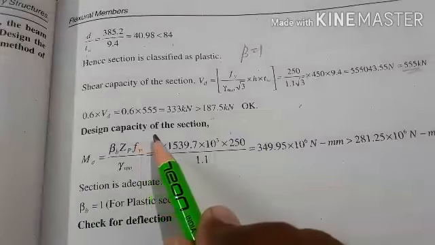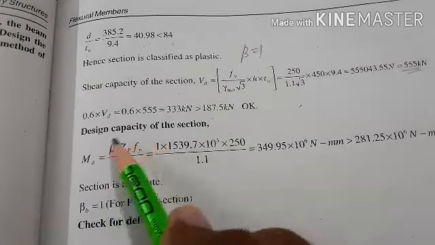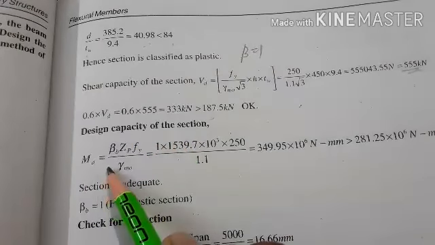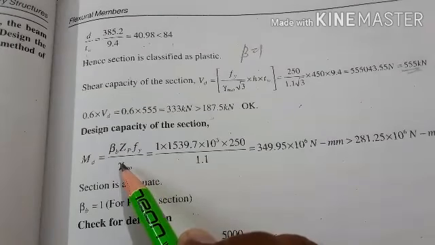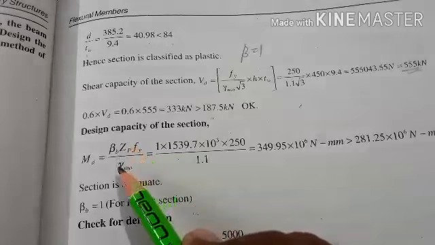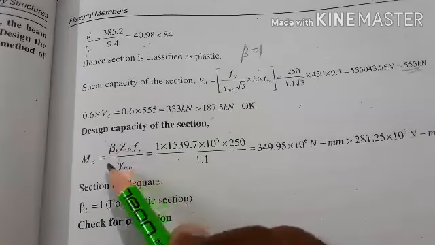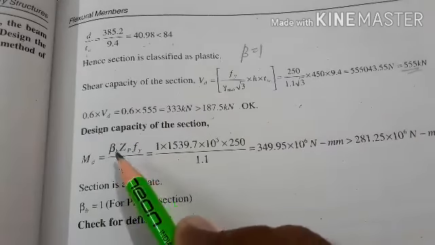Next is the design capacity of the section in bending. So this is the formula to be used for the plastic section, and as it is a low shear case, this is the formula to be used, and substitute all the values.